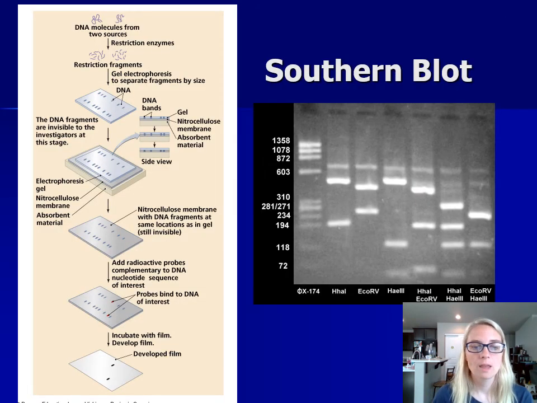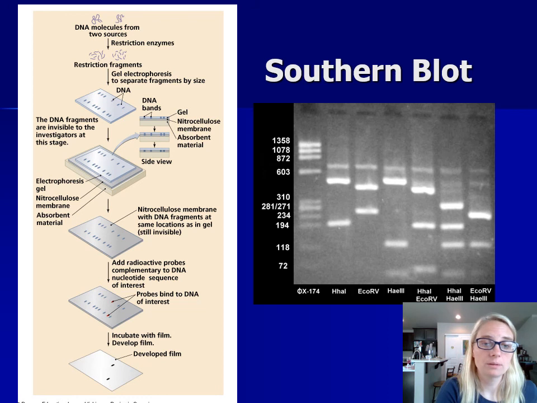Okay. And then the last thing kind of goes along with the gel electrophoresis. It's just a way to make a permanent record of your specific DNA coming from the gel electrophoresis. So we cut everything up, use restriction enzymes, cut things up, run the gel.